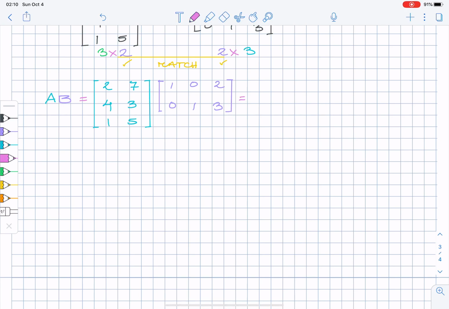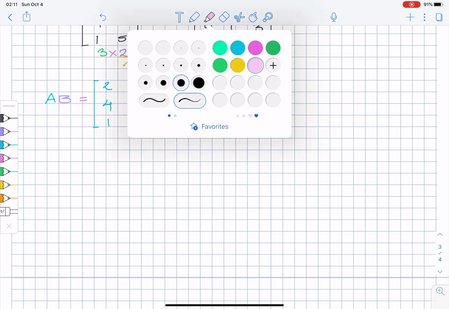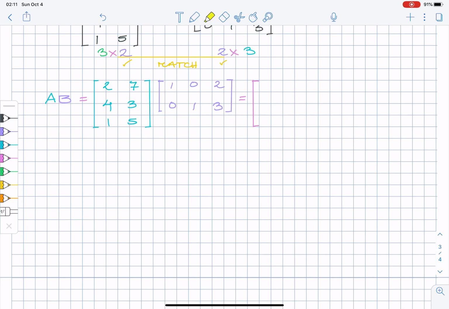Okay, so I claim I'll get a 3 by 3. But what is the entry in the first row and the first column? Well, I claim that'll be 2 times 1 plus 7 times 0.